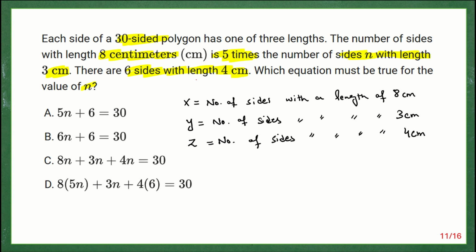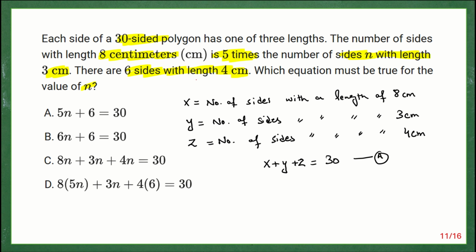Now if we add all these variables up, they should equal 30 sides.